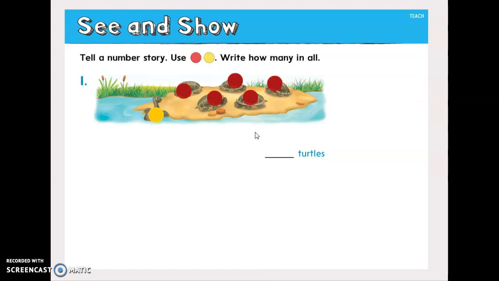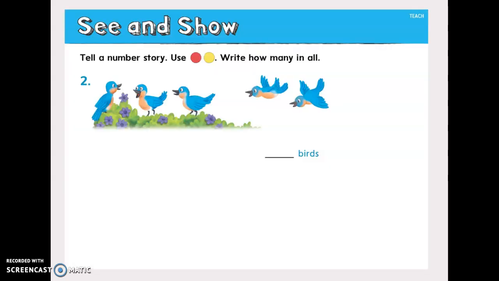How many total turtles are on the beach or in the water? Okay, so we're going to count them all. 1, 2, 3, 4, 5, 6. So we'll take our pencil and write 6 turtles. Awesome. Okay, let's check our answer. Awesome, we got it. 6 turtles.